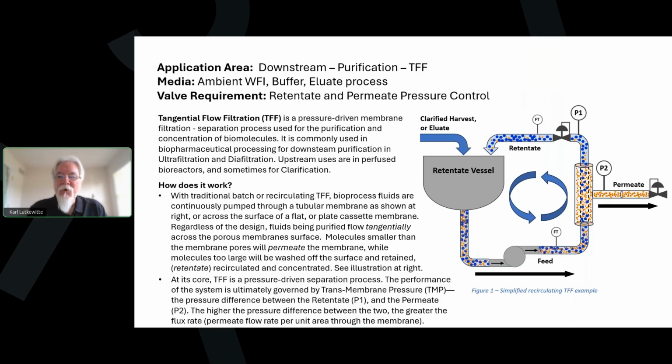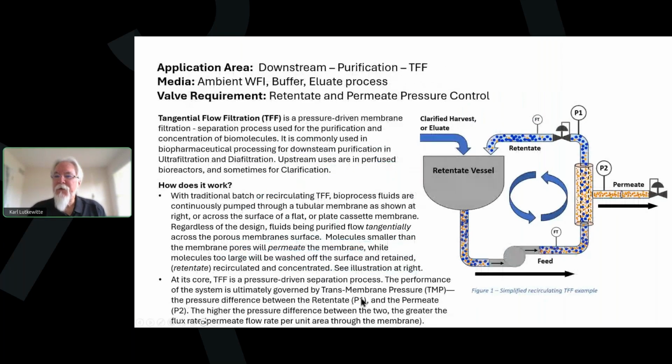Since the recirculating system is pressurized by a pump, pressure forces the smaller molecules in the recirculating fluid to pass through the membrane pores. And you can see that in the illustration. The dotted line here represents the pores in the membrane. You can see that all of the orange and red smaller molecules are filtering through, while the blue particles, the larger particles, are unable to pass through.